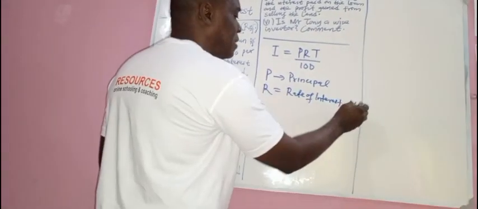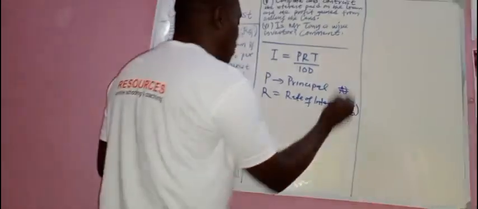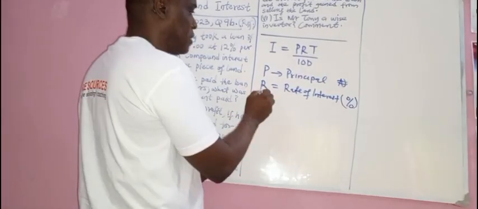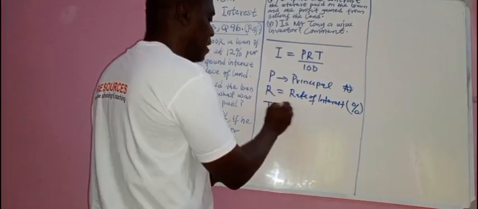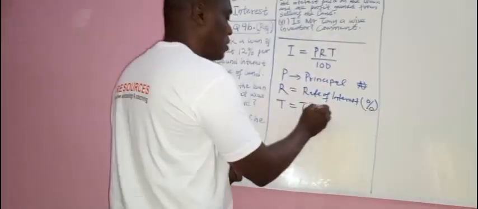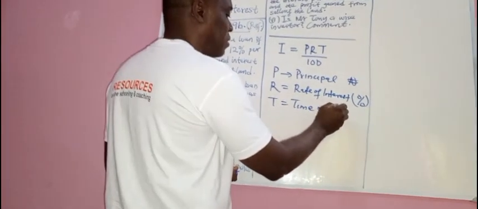This is in percentage, this is in naira or dollar or euro, any currency you are using or that's available. Then T is time, duration of transaction, time of transaction.